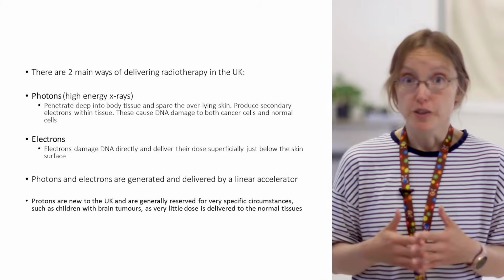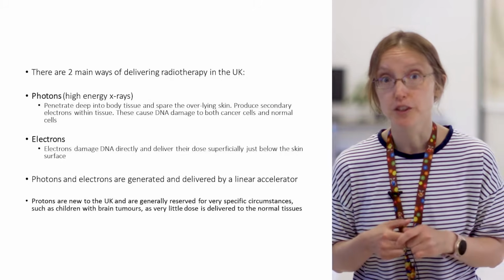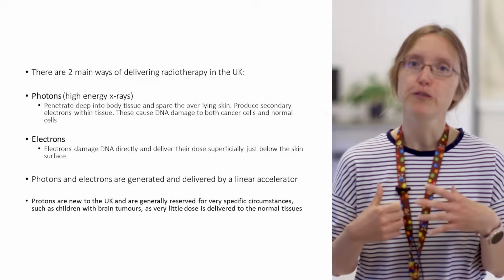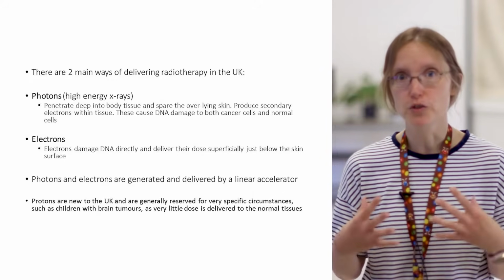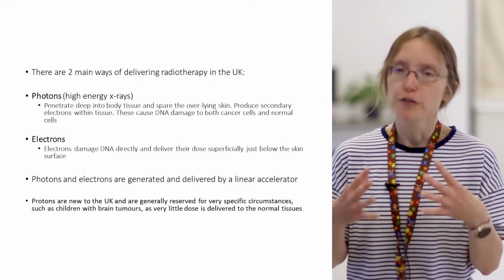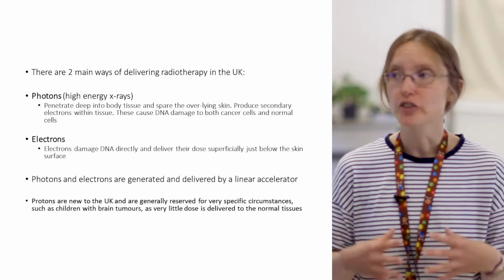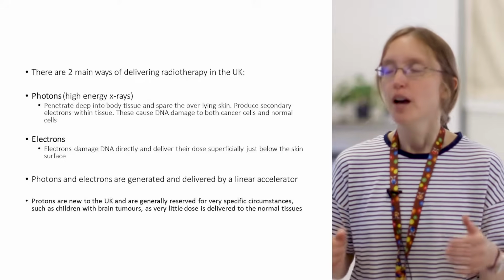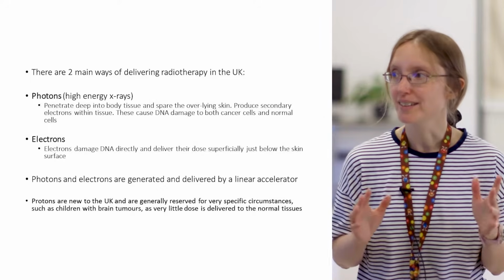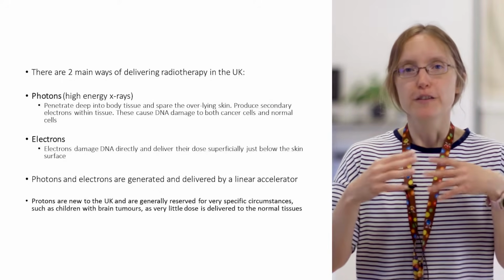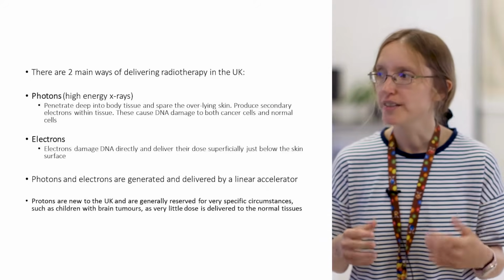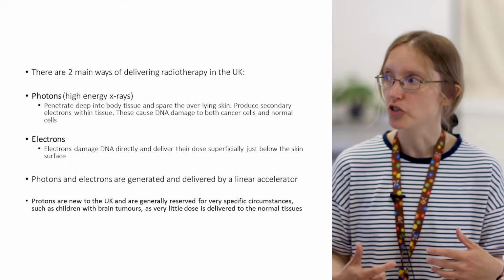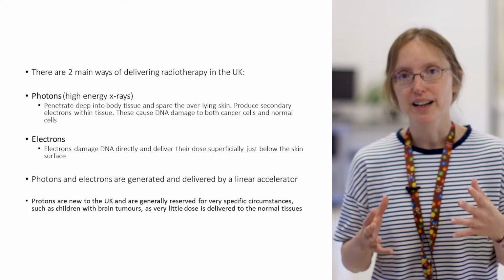There are different types of radiotherapy, and there are 2 main types of radiotherapy that are used in the UK. The main one that we're going to think about is photon radiotherapy. That's the bulk of the radiotherapy that we deliver. And photons, as I've touched on, are high energy X-rays. And what they do is they penetrate deep into the body's tissue, but at the same time spare the overlying skin. And what happens is the photons produce secondary electrons, and it's those secondary electrons that damage DNA, single-strand breaks and double-strand breaks, and that's what can kill cancer cells.